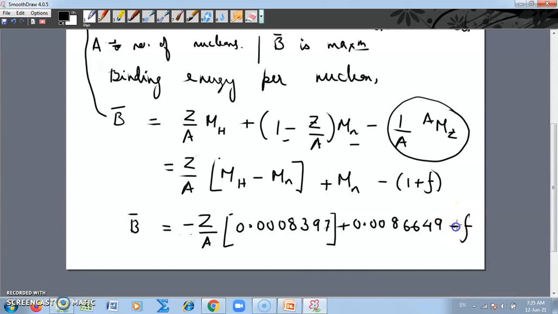Obviously, because F is being subtracted. So this is one thing, and then we move on to something very important, which is called the binding energy curve. So what is the binding energy curve? That we'll see just now.